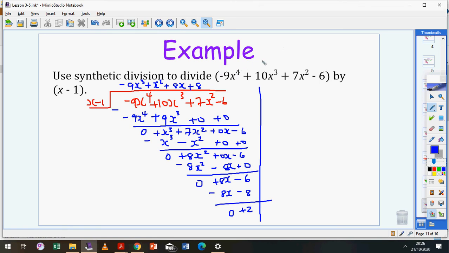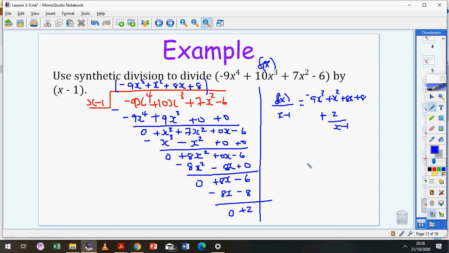because I don't want to write the whole thing. I can write it as f of x divided by x minus 1 gives you this quotient, 9x cubed minus x squared plus 8x plus 8, then plus 2 out of x minus 1.